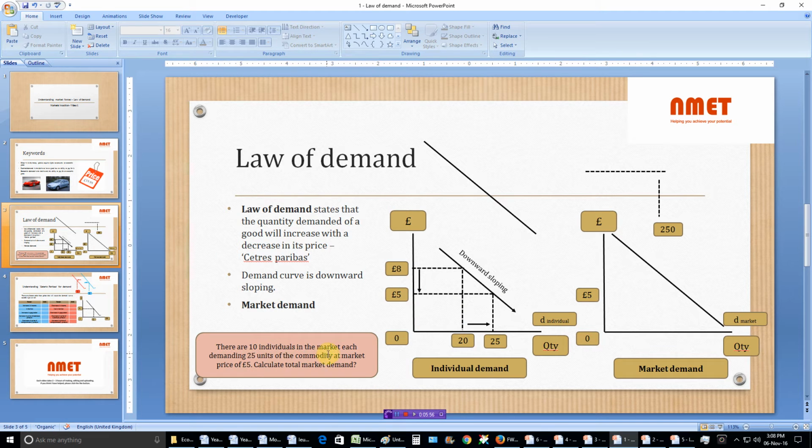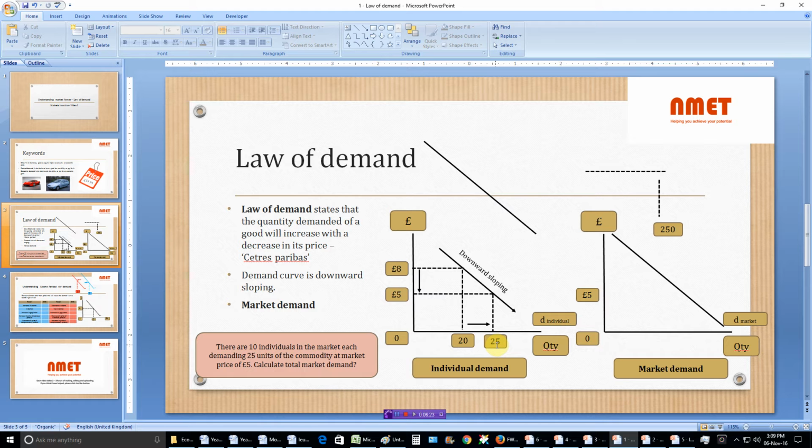There are 10 individuals in the market, each demanding 25 units of the commodity at the market price of 5. So what do you think would be the total market demand?